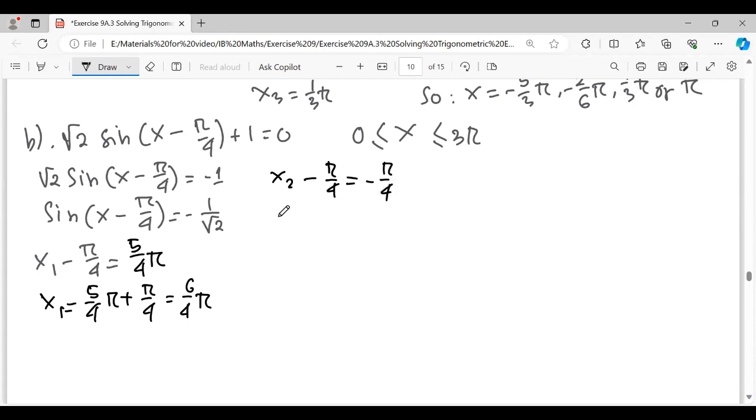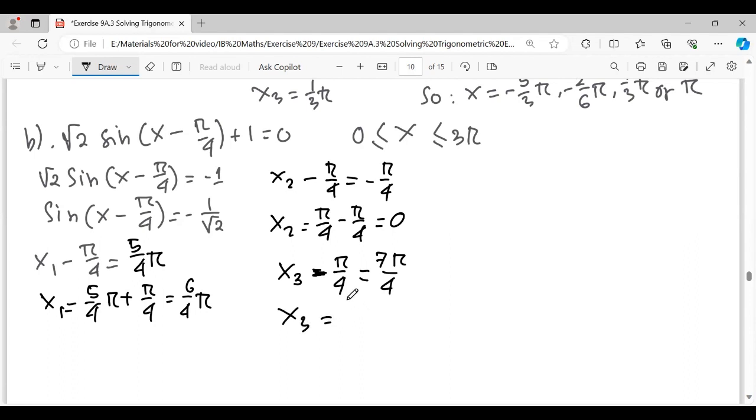Okay, so x2 equals pi over 4 minus pi over 4, 0. x3 equals 7 pi over 4 plus pi over 4.